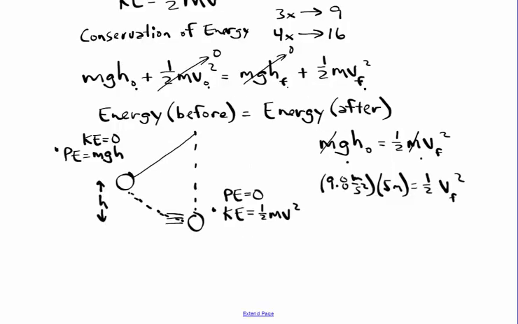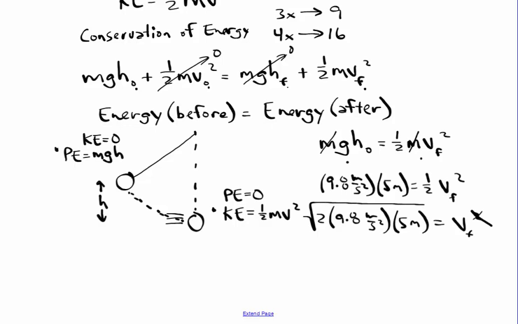To solve this, I'm going to multiply both sides by 2. And since the right side is v final squared, I'm going to have to take the square root of both sides in order to get my answer. And if I were to do that in this case, I get that the v final is 9.9 meters per second. You notice I did not need to know the mass of my pendulum in order to do this because it doesn't matter.